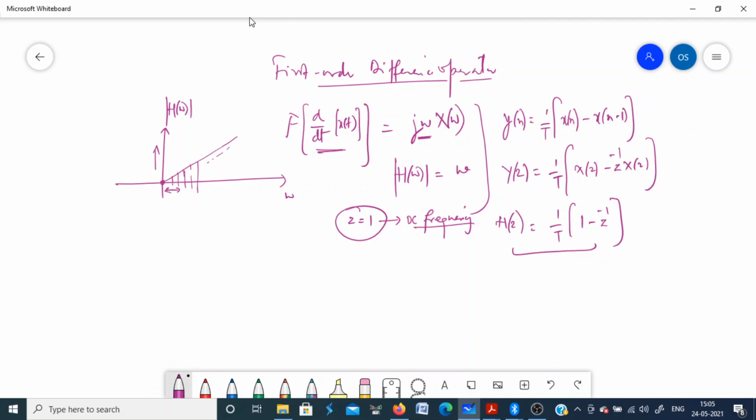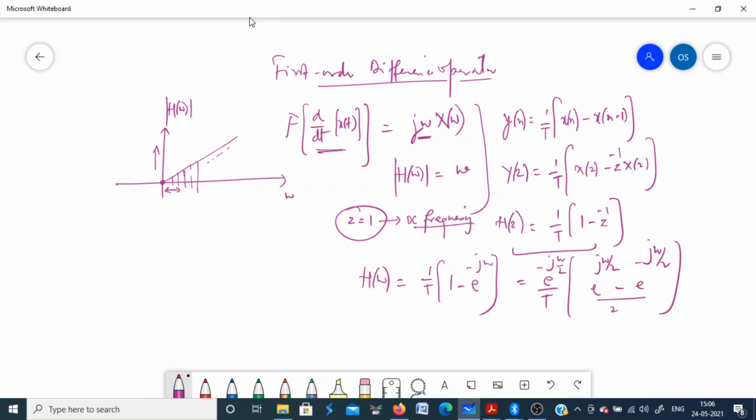And if you see its frequency response, at omega, it is 1/T (1 - e^(-j omega)). If you take e^(-j omega/2) as common, it will be e^(j omega/2) - e^(-j omega/2). Then if you divide by 2j and multiply by 2j, it becomes a sine function.